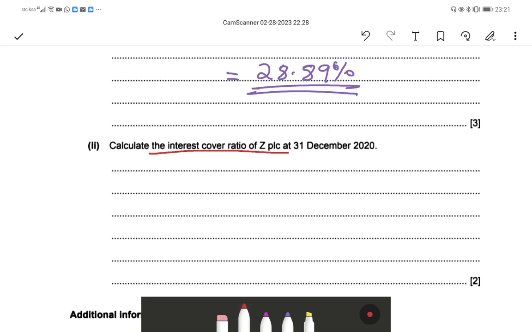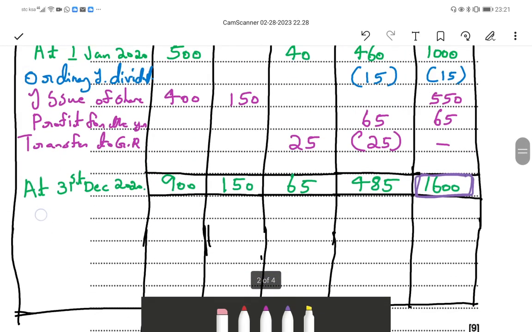Profit from operation is given in the question.